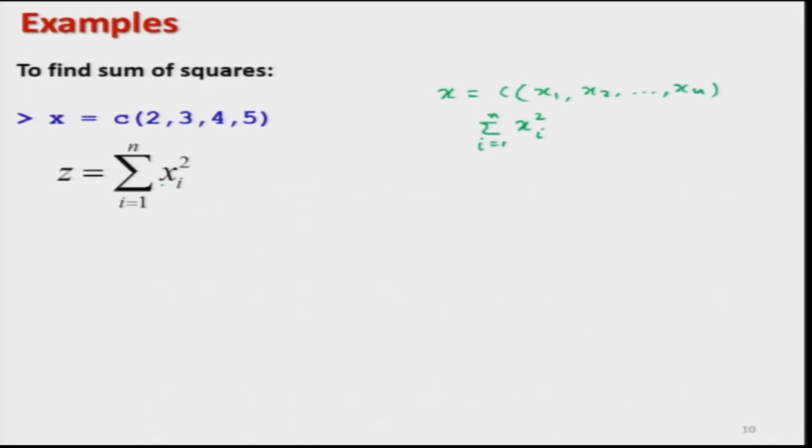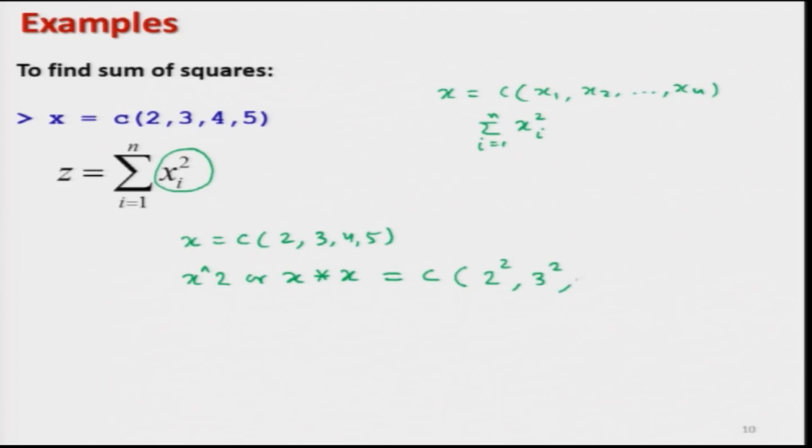First I need to define all the values inside a data vector, so I define the data vector c(2, 3, 4, 5). Now I need to find the square, so I can write x^2 or even x multiplied by x, and this is going to give me the values 2 square, 3 square, 4 square and 5 square.